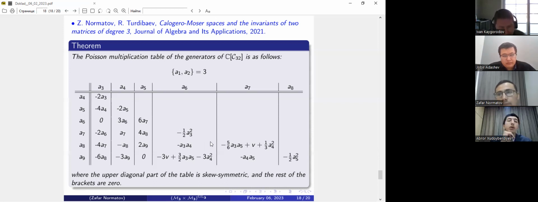So what is the dimension of this algebra? 9 or 11? Actually we have a pair of two matrices, right?